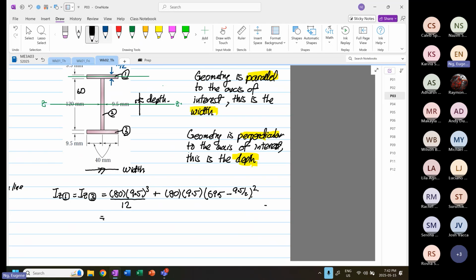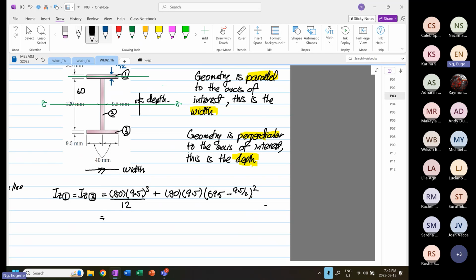So this will be equal to 80 times 9.5 to the power 3 divided by 12, plus 80 times 9.5 times the bracket 69.5 minus 9.5 divided by 2 close bracket squared.